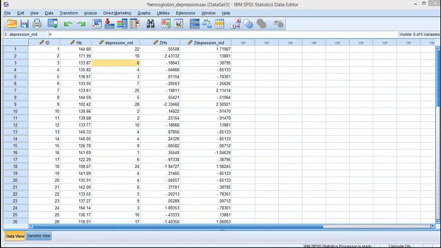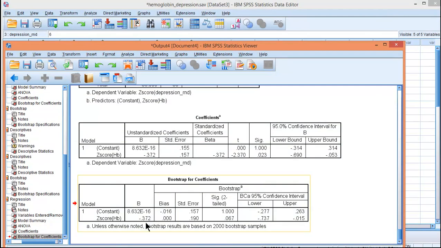But I do understand that when I interpret a standardized beta weight and I say that there's a 37.2% reduction in a standard deviation decrease in depression levels for each standard deviation increase in hemoglobin levels, I think that's a pretty big deal. And we have here the confidence intervals, which are both on the negative side, negative 0.737 and negative 0.05.